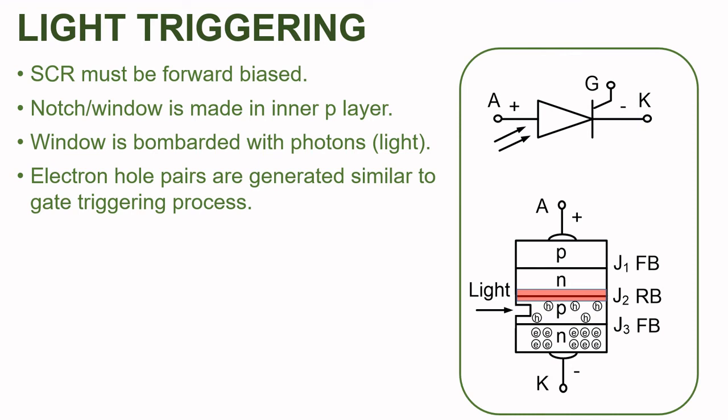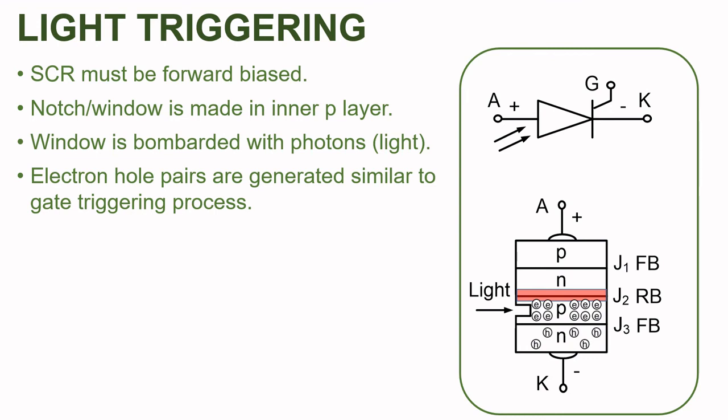Hence, the number of free electrons present in the end N layer will be higher as compared to that of free holes present in the inner P layer. As junction J3 is already forward biased, these holes and electrons drift from N layer to P layer and P layer to N layer.